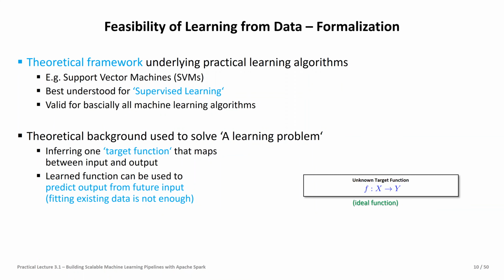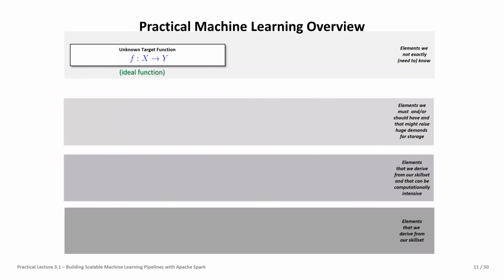But I try to bring all these building blocks for you also in a diagram and see where the processing intensive parts are and how they relate to each other. That's why we put the first part of the diagram here and say that is elements we don't need to know. We just assume there would be an unknown target function that would be the ideal function. That's how machine learning starts.